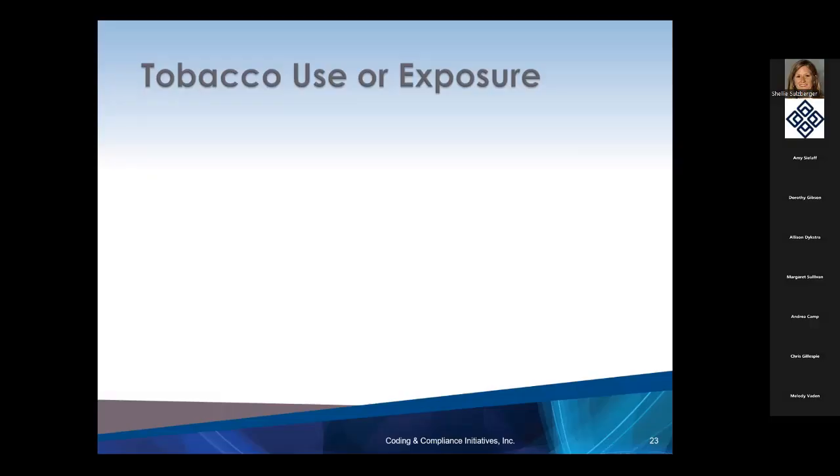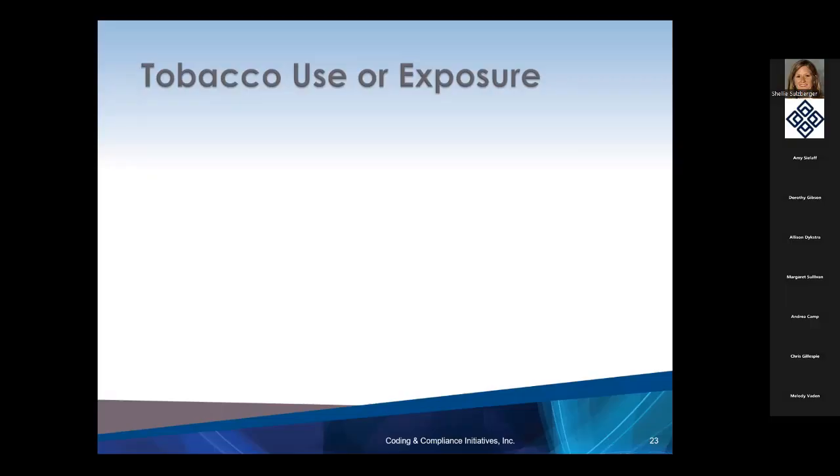For example, with hypertension, the hypertension codes tell a reader, please use an additional code to identify if the patient has any kind of nicotine dependence, tobacco abuse, if they're a former tobacco user, if they're exposed to tobacco or nicotine. So if we see that, we should be coding for that nicotine dependence, tobacco use, history of, etc.